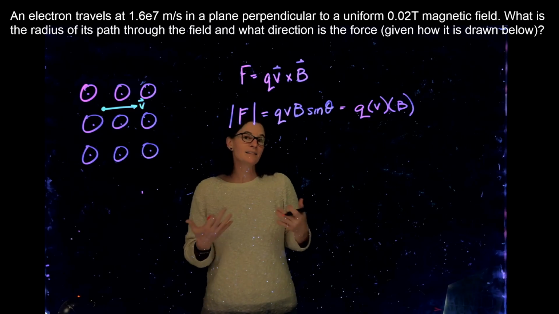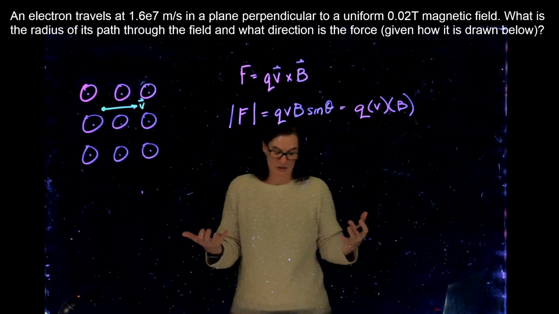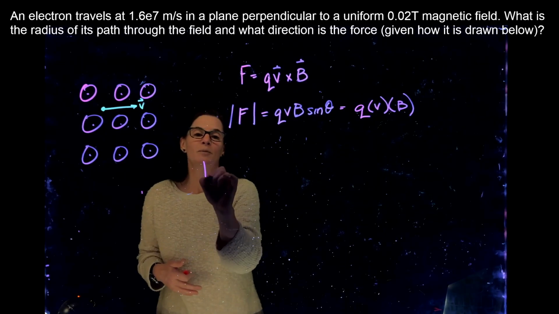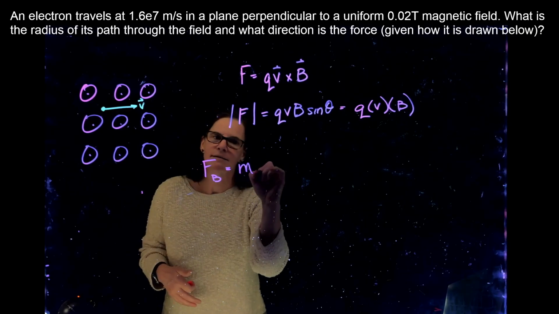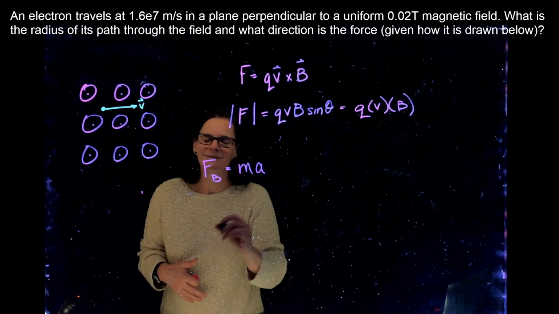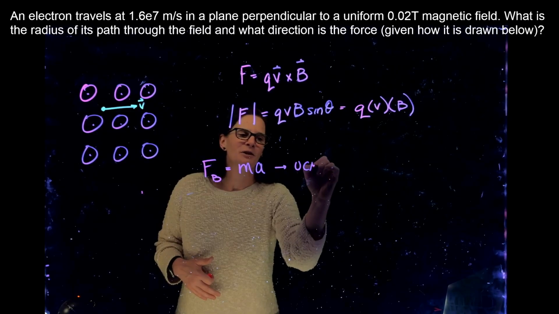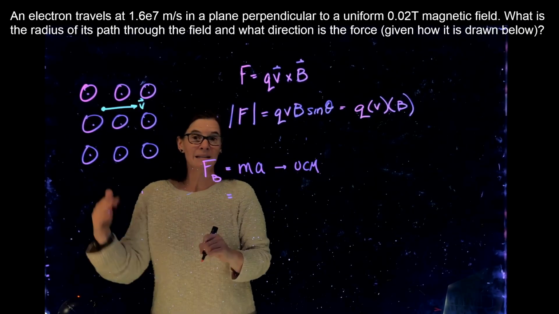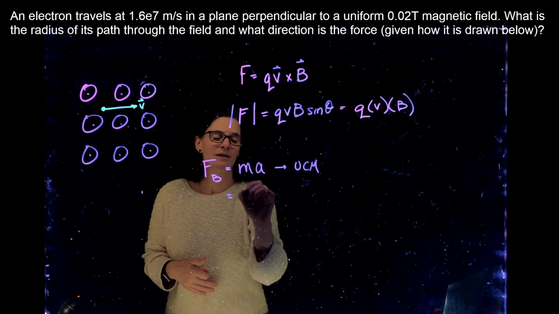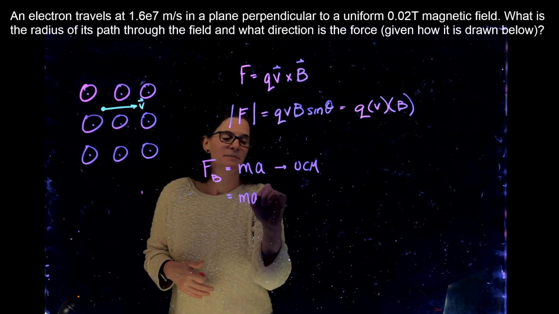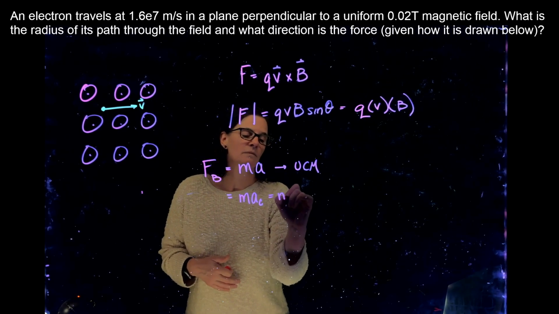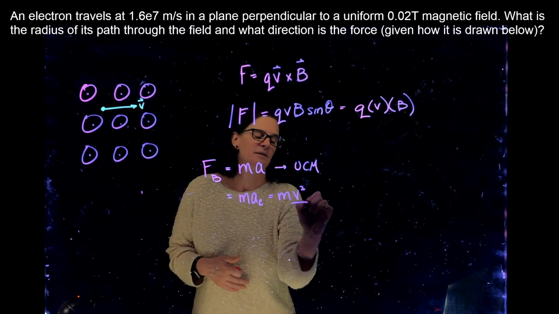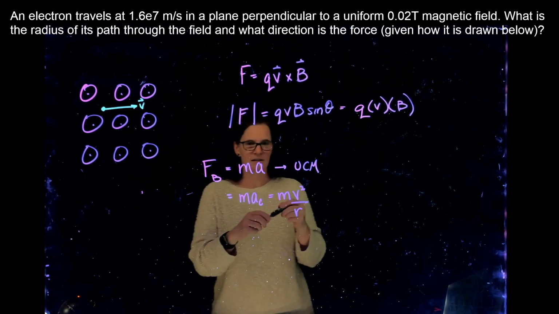Now, because that motion can be described as uniform circular motion, we know that Newton's second law tells us the magnetic force is the mass times the acceleration. We know it's uniform circular motion because of that perpendicular behavior. So we have the mass times the centripetal acceleration, which is the mass times v squared over the radius.